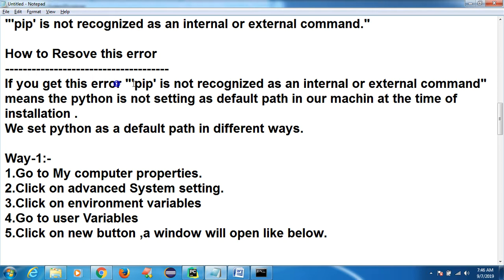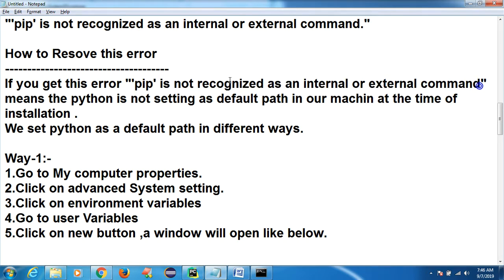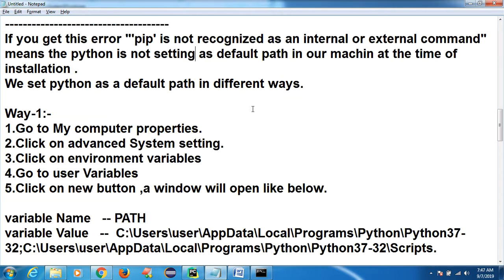If you are getting pip is not recognized as an internal or external command, it means Python is not set in the default path. In our system, at the time of installation, we set Python as the default path in different ways. So one more way is how to do this.